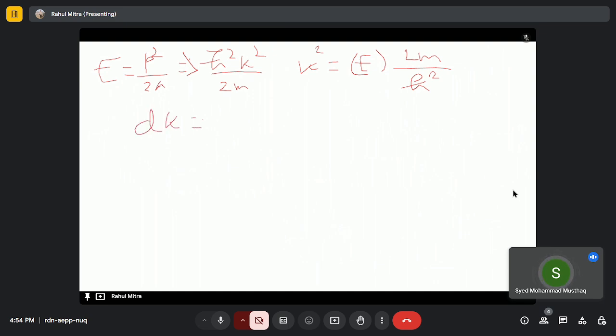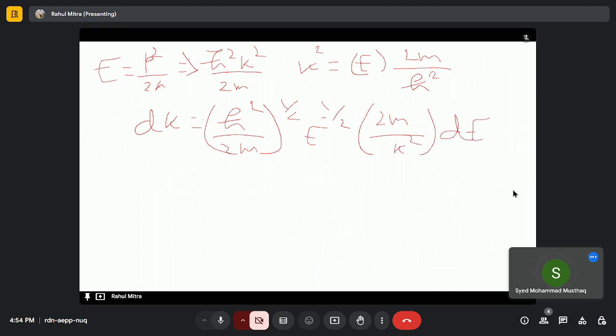Upon differentiating, this will turn out to be (h cut squared by 2m) whole power 1 by 2, E power minus 1 by 2, times 2m by h cut squared, times dE. Upon differentiating, this is the value you will get. It's simple. First you differentiate it, it will become 2k dk, right? And this dk, k will go to that side, so you will have a dk value.